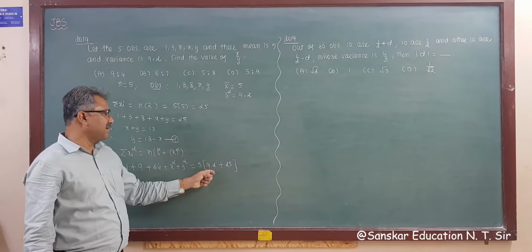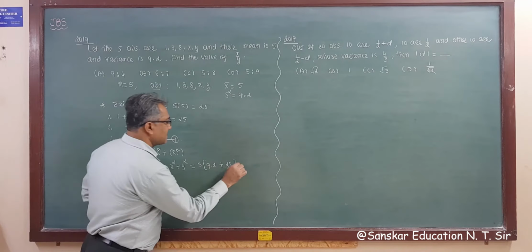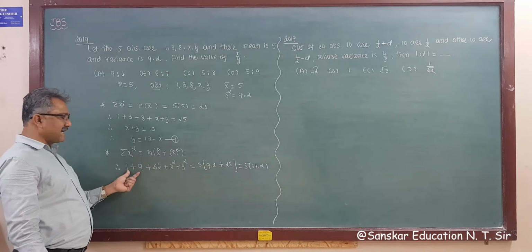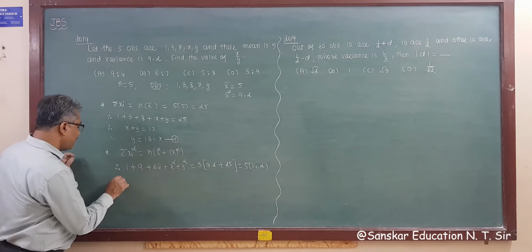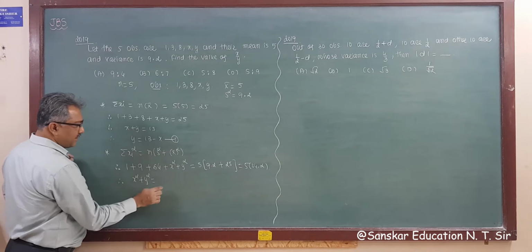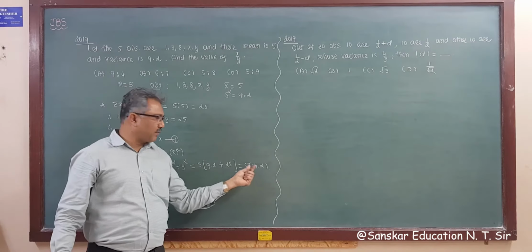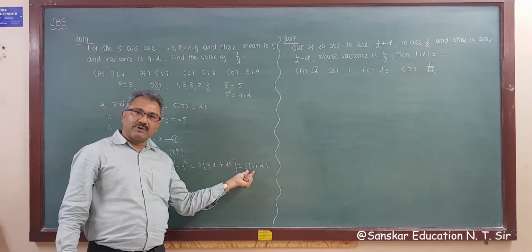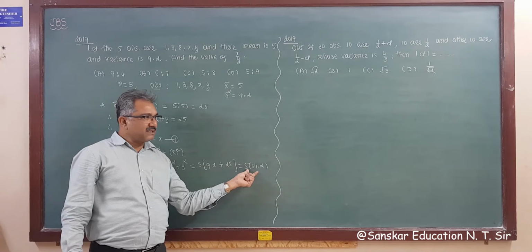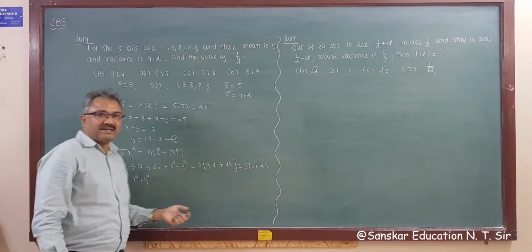So this is 25 plus 9.2, that is 34.2. So this is 5 into 34.2. So 64 plus 10 is 74. That means x square plus y square is equal to, this is 74 and this is 34 into 5: 30 into 5 is 150 plus 4 into 5 is 20, so this is 170, and 5 into 0.2 is 1, that is 171.